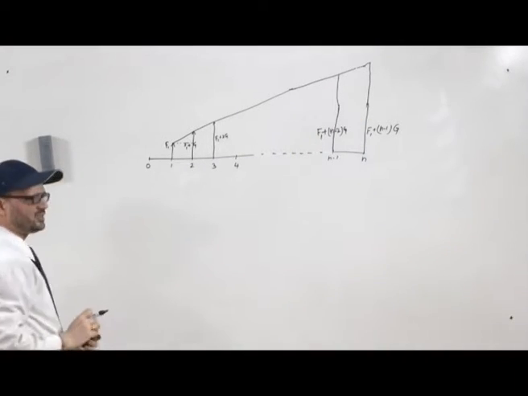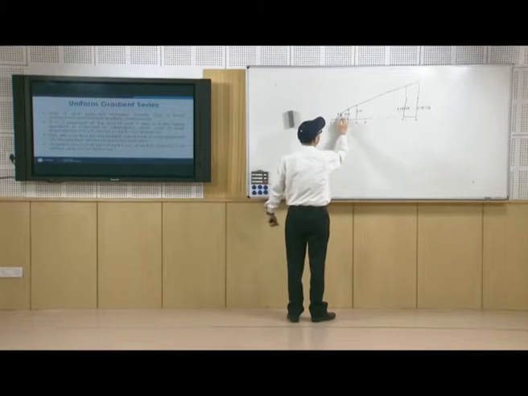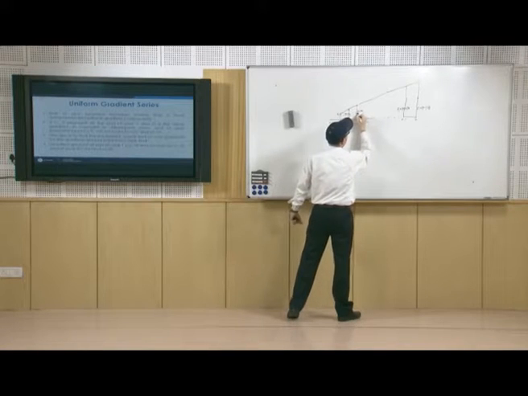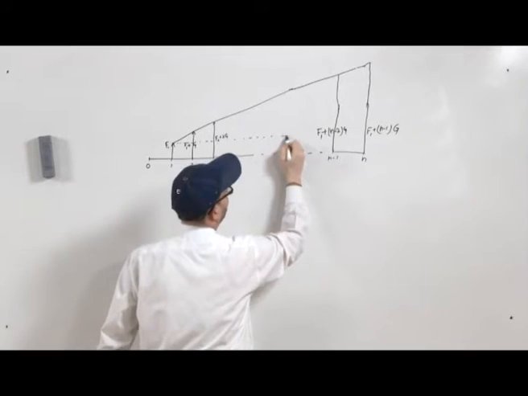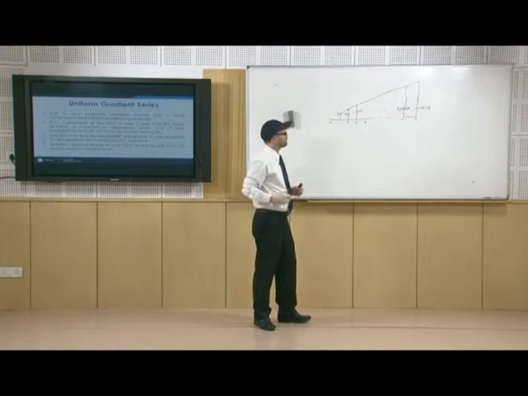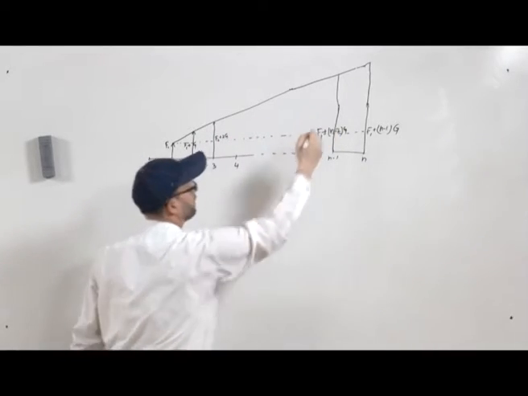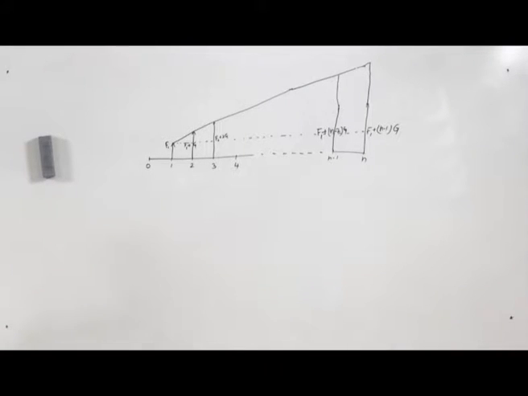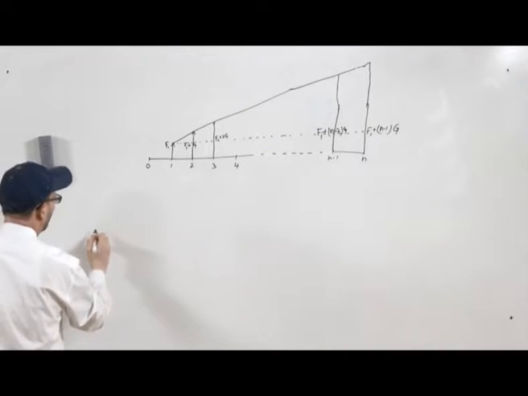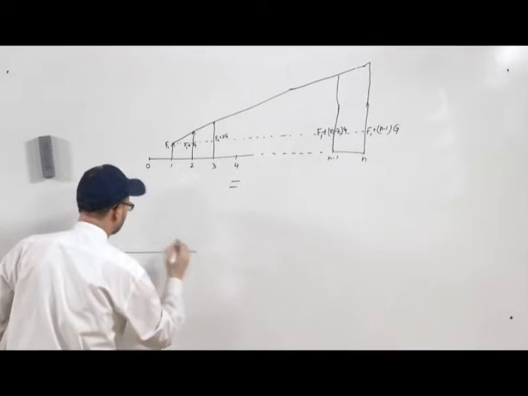Now, as we see in this series, F1 is constant for every year. What is varying is G every year. So, here it is G, here it is 2G and this way it goes. So, you can represent this cash flow diagram as the sum of two cash flow diagrams.